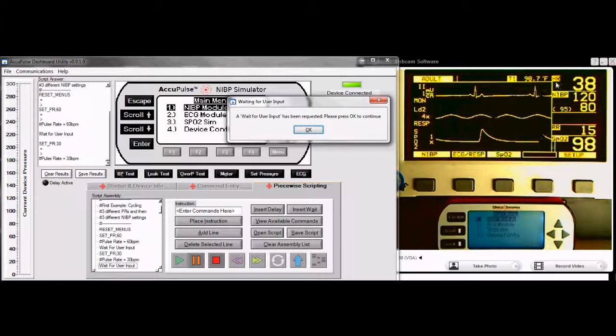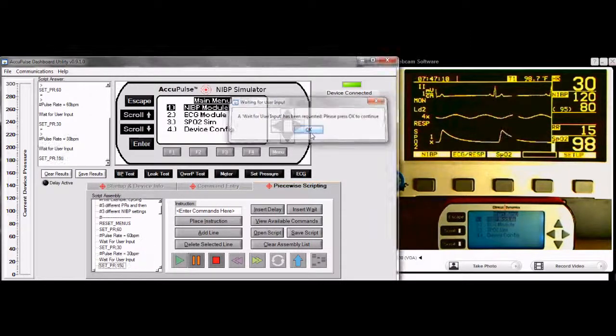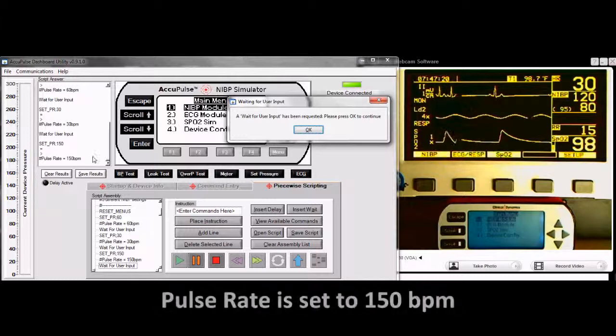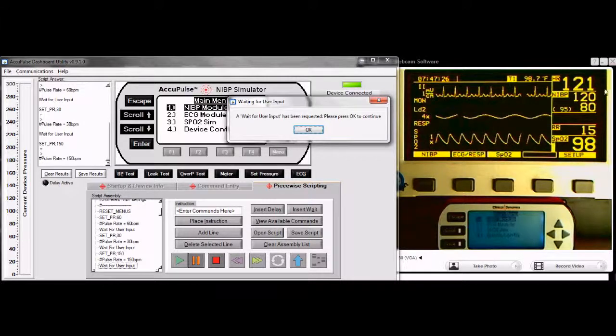Utilizing the automated, customized script files, two major types of instruction sets may be executed with the AccuSim. The first category relates to quality assurance testing and failure testing. The AccuSim is able to generate physiologic signals across the entire range of vital sign parameters.